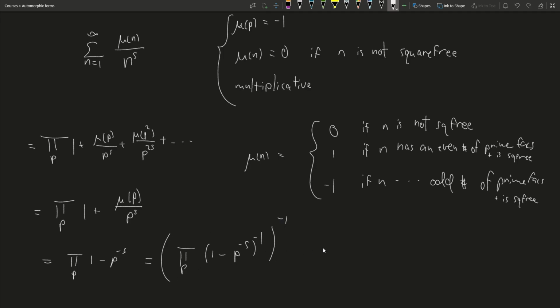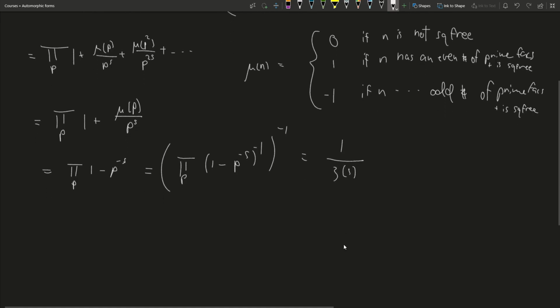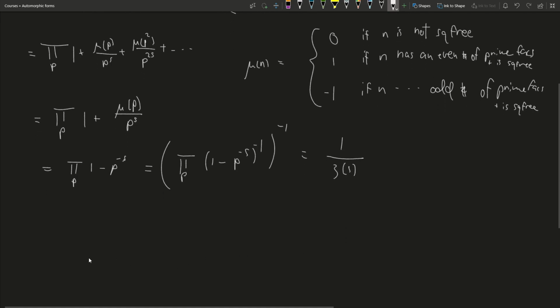This is one way to write it. And so this is going to be just 1 over the Riemann zeta function. So, to summarize, the sum over n from 1 to infinity of mu of n over n to the s is equal to 1 over the Riemann zeta function at s.